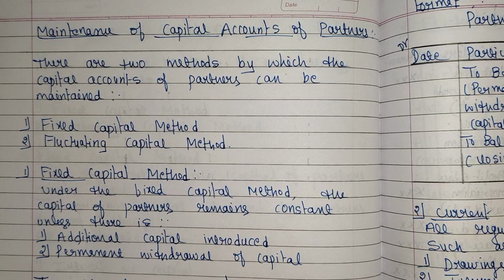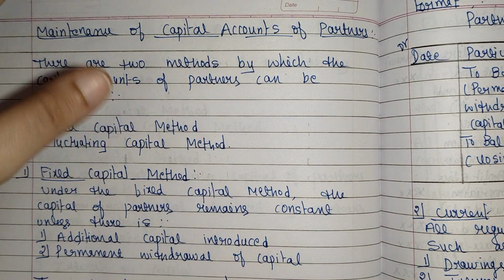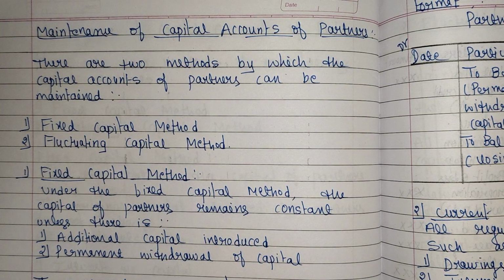In the last class, we learned about maintenance of capital accounts of partners, right? There are mainly two methods. First one is the fixed capital method and second one is the fluctuating capital method. Under the fixed capital method, we need to maintain two accounts: capital account and current account.